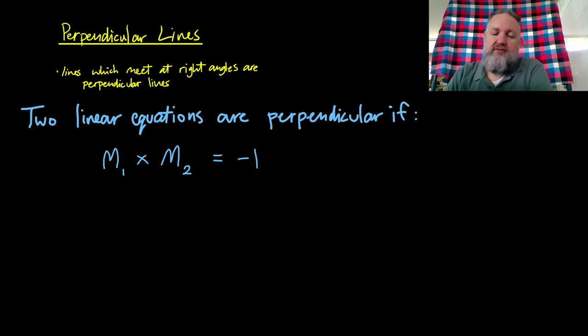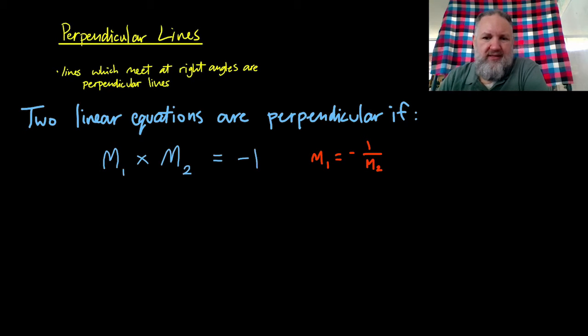We can prove that two linear equations are perpendicular to each other if the gradients of the two equations multiplied together give us -1. Another way that this is sometimes written is m1 is equal to -1 over m2.